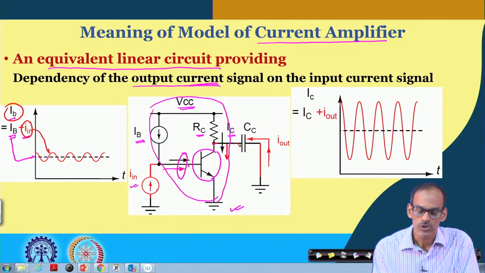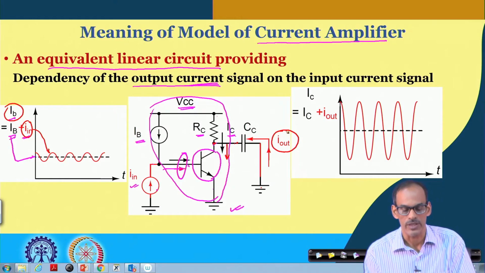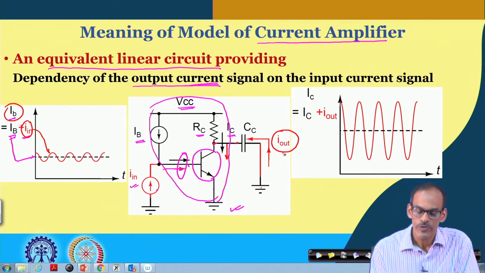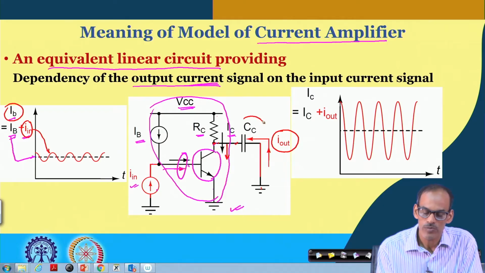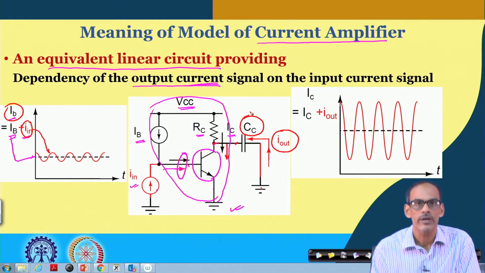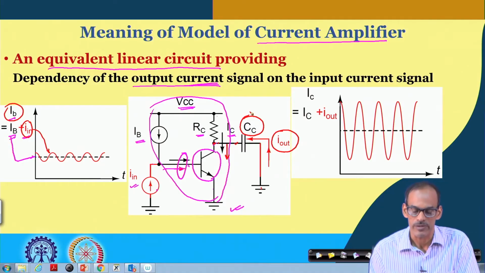We would like to short this output node to ground and extract the entire signal. But while doing this, we have to make sure that the collector node does not get shorted to DC ground, and hence we need to put one DC blocking capacitor, also referred to as an AC coupling capacitor.